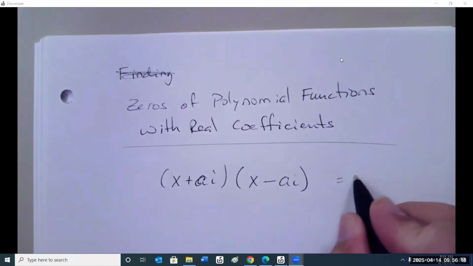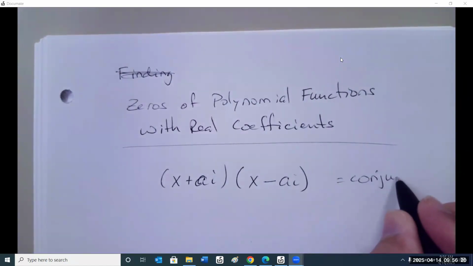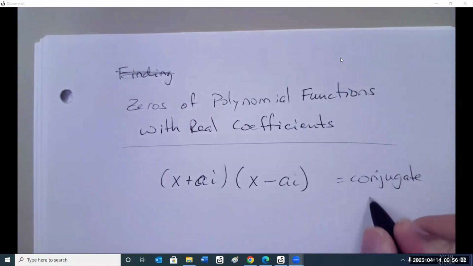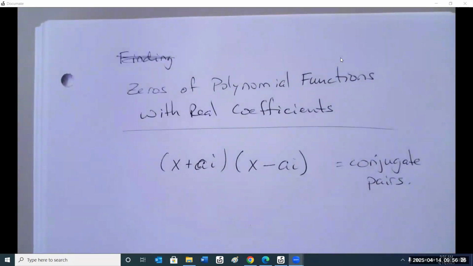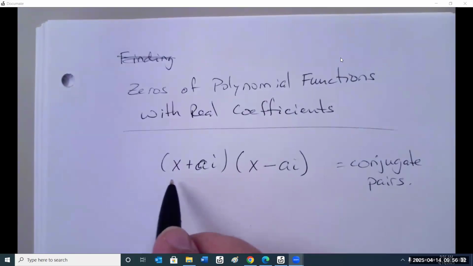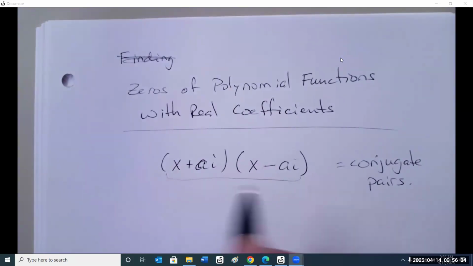These are called conjugate pairs. Why is that important? Because whenever we multiply these together, what do we get?